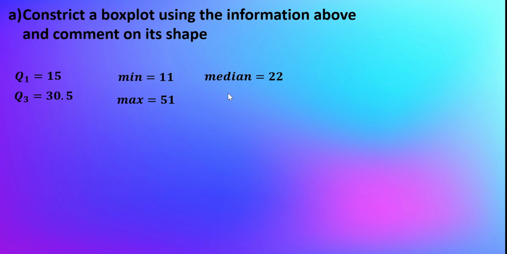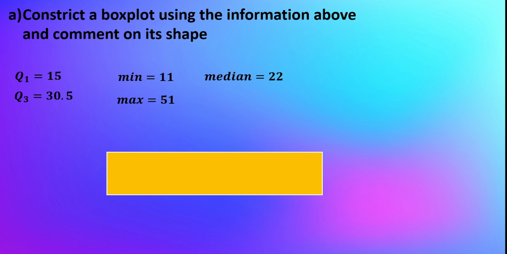And this median, we just evaluated before. So now we have a box like this, and our median, if it is exactly halfway between Q1 and Q3, will be in the middle of the box. So this is our median. We have Q1, we have Q3, a minimum, and a maximum.